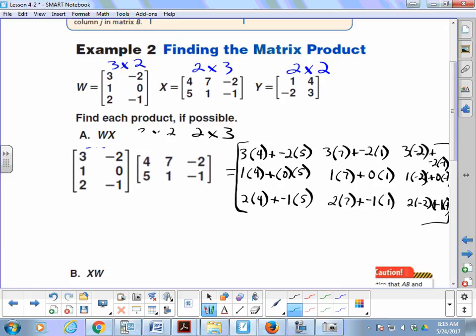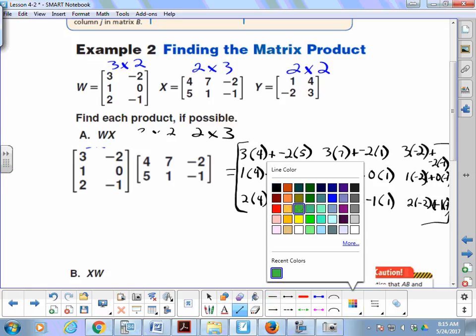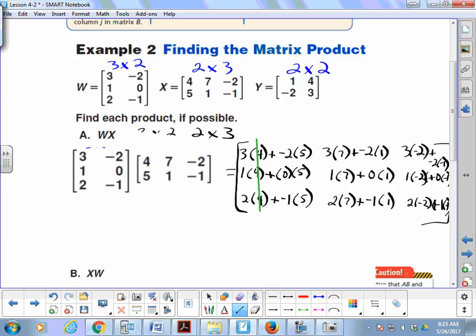And the one thing that you should notice when you do this is that these numbers are the same. The second numbers in each row: 4, 4, 4, 5, 5, 5, 7s, 1s, negative 2s, negative 1s.